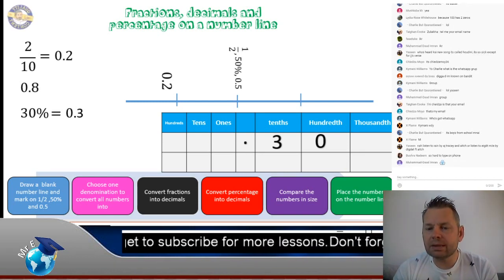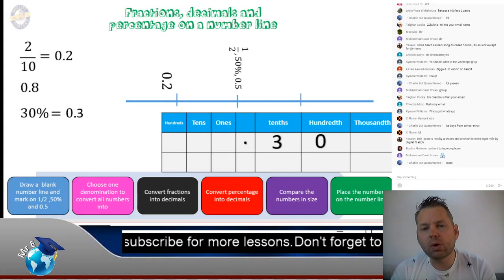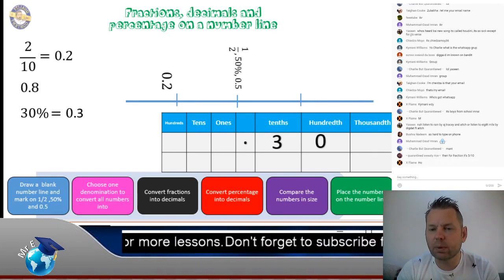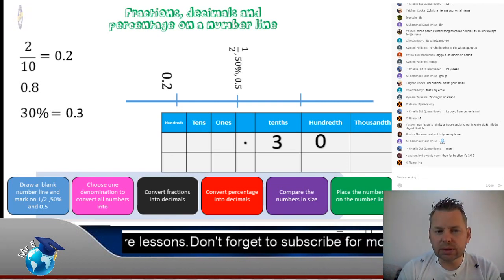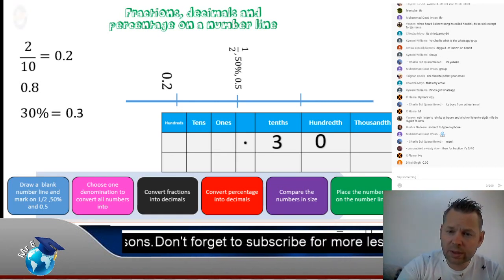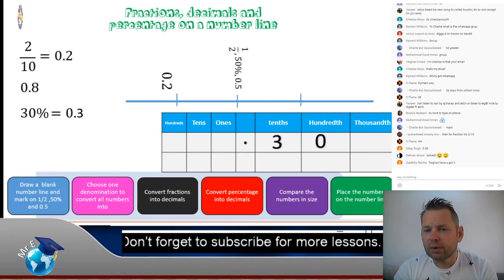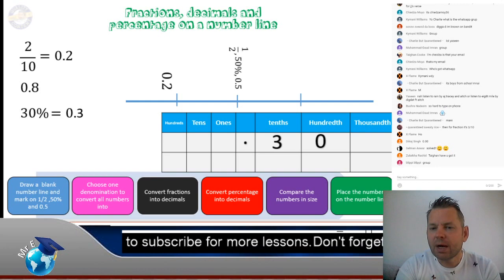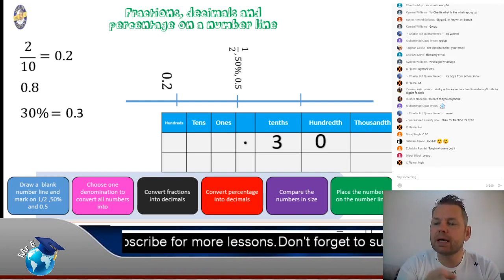Now, the reason that you have put in your quarter, half, and 3/4 now is important because I know that 0.2 is less than 0.25, so it is going to go before my quarter.